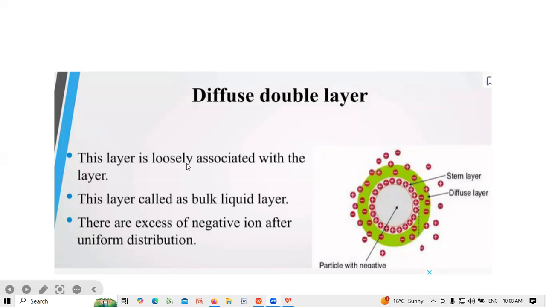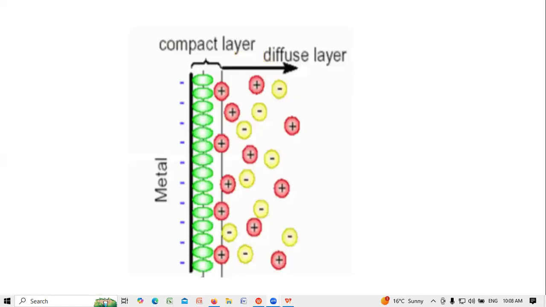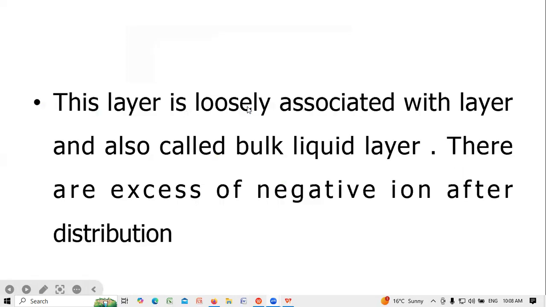This layer is loosely associated with the inner layer and is also called the bulk liquid layer. There is an excess of negative ions after uniform distribution. So this is the compact layer, this is the diffuse layer, and this is neutral.